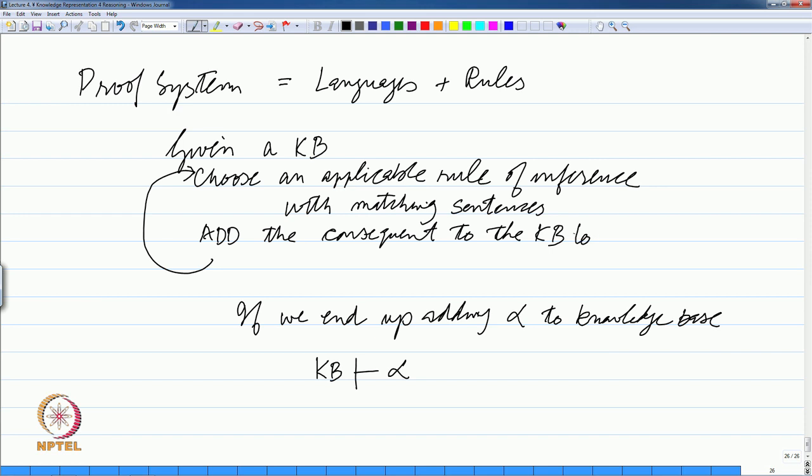So, let me just add here to yield KB prime.